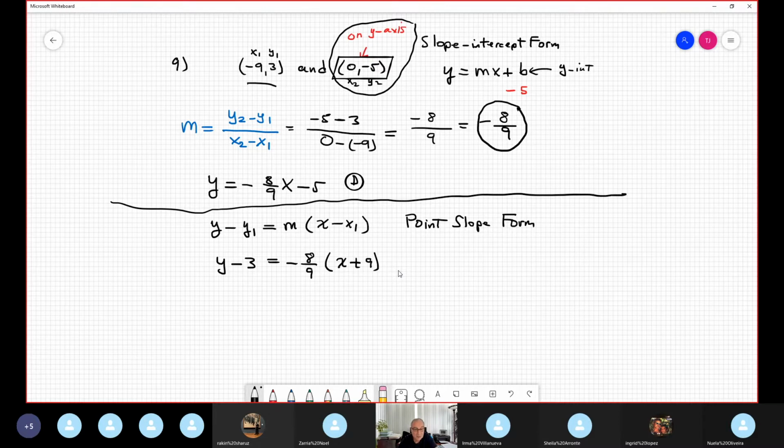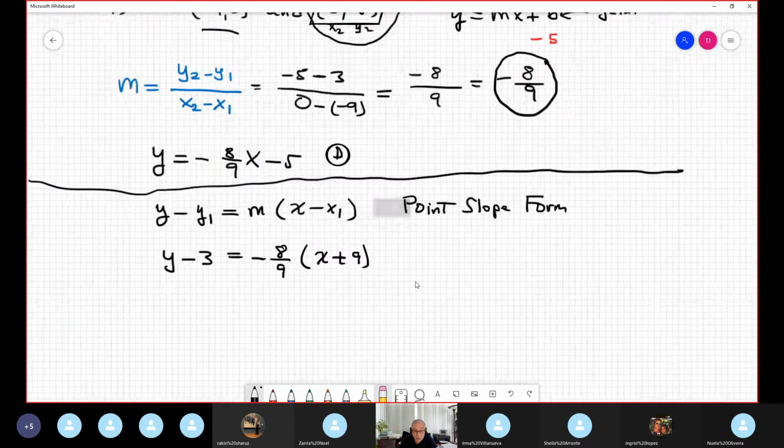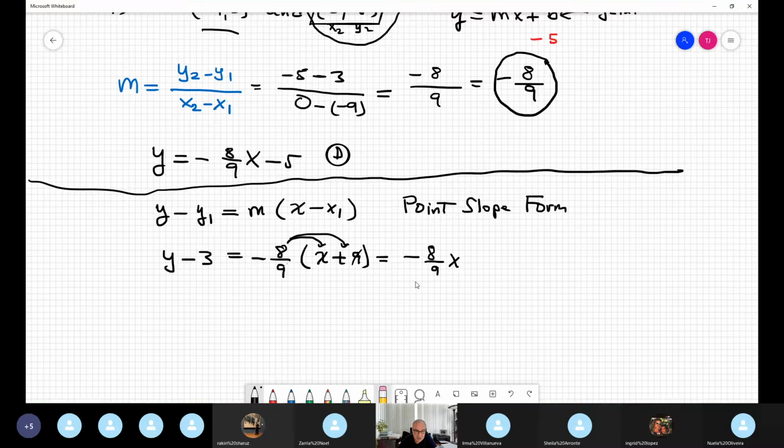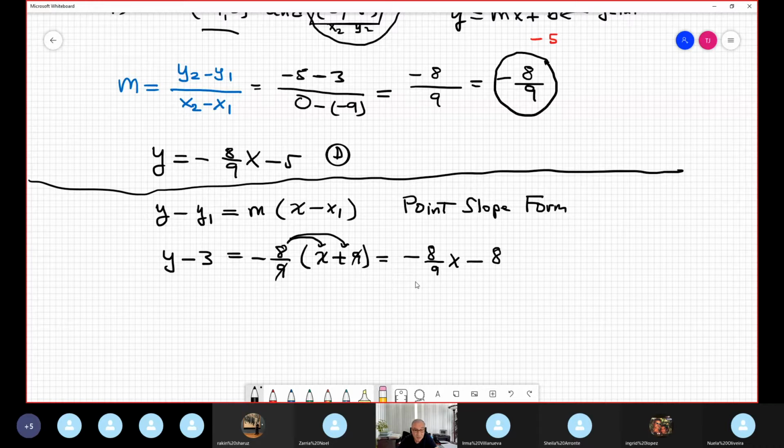Okay, now if you want, there are many ways to continue. One way is to distribute the property, why not? Oh yeah, let's do it that way. Distribute the property. So we have minus 8/9x, and this 9 is cancelled out. This and this, right? When I distribute, of course. Then minus 8, it's minus 8.